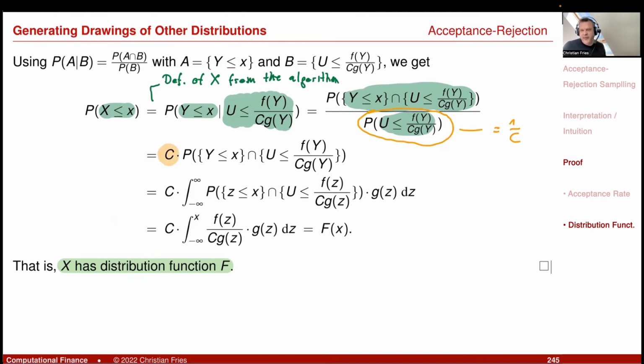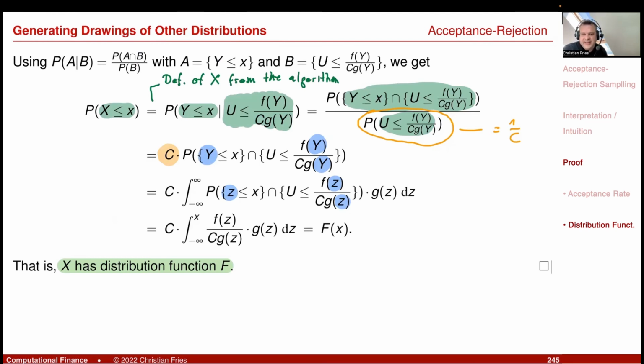And I have the probability that y is less or equal x intersected u is less or equal f of y divided by c times g of y. Now I'm doing conditioning again. Let's call y a little z, and look at the probability that z is less or equal x, and u is less or equal f of z divided by c times g of z.